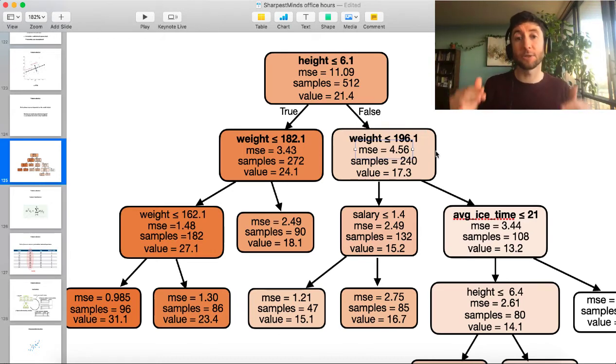So the lower the MSE in these two buckets, the better a job we've done in asking this question up here, which suggests a strategy.